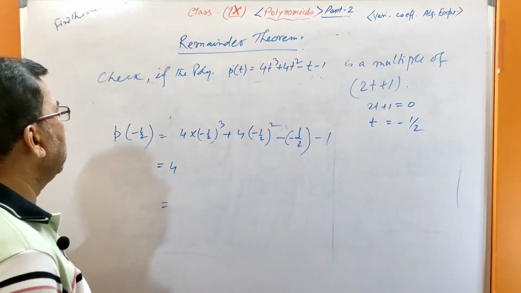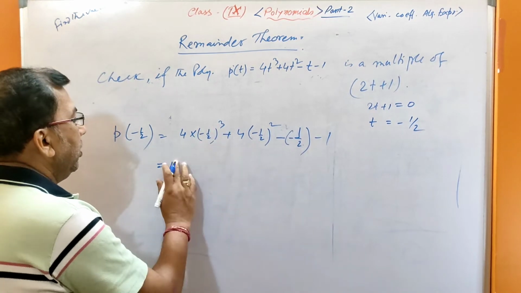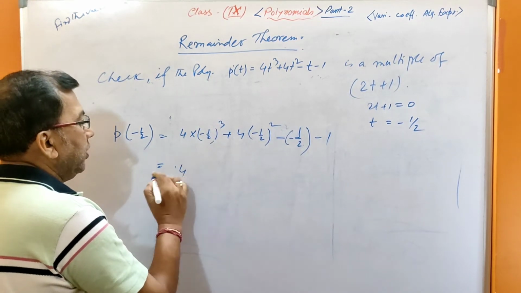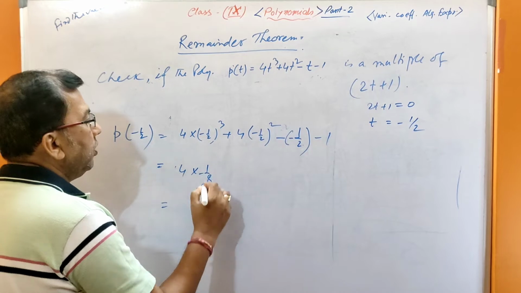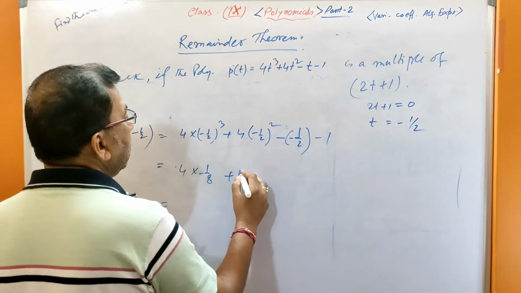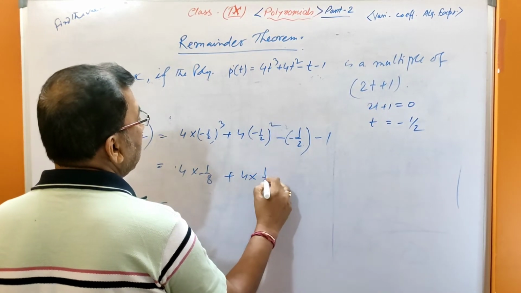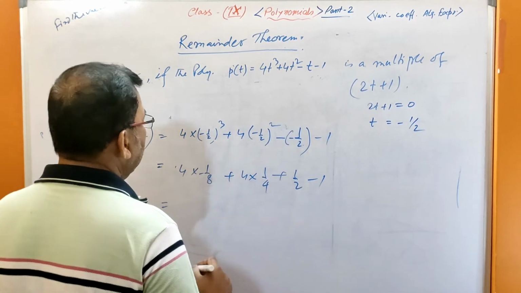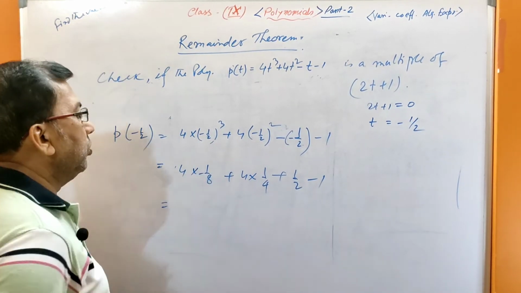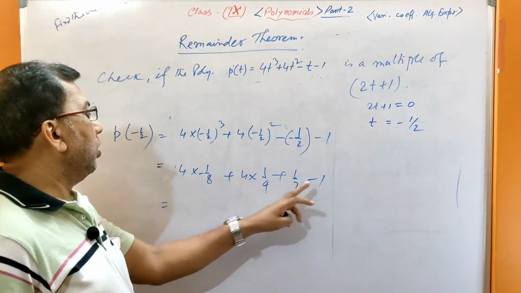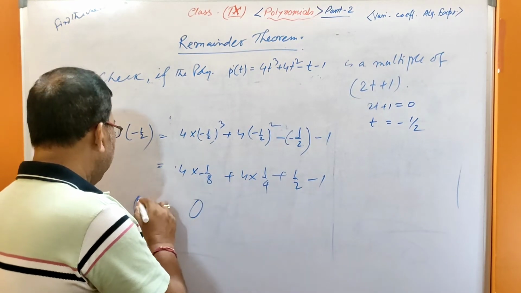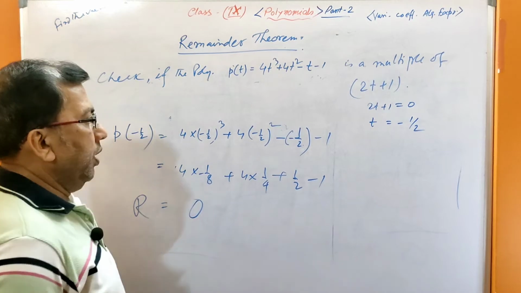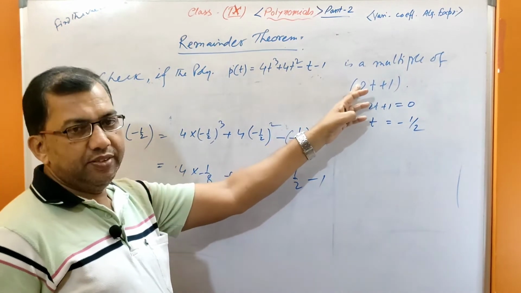Minus 1 by 8, times 4; plus 4 times 1 by 4, plus half, minus 1. 4 times 1 by 8 means 1 by 2, so the minus 1 plus 1 gives 0. The remainder is 0. That means it is a factor.